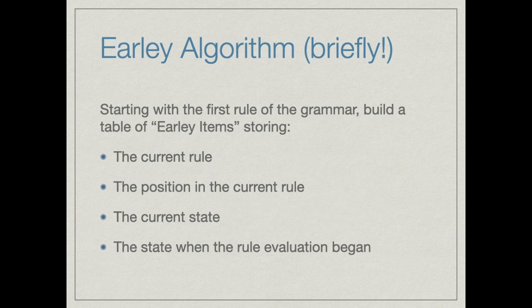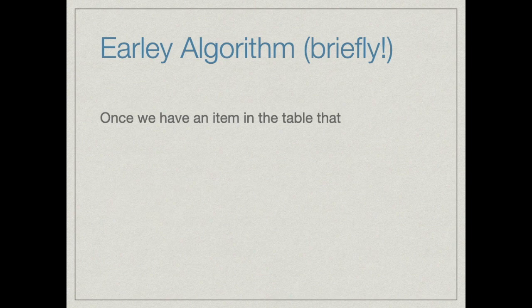So these can be thought of as a series of atomic parses, sort of partial parses. And we can also talk about items which complete a rule, that is, where we've reached the end of a rule definition.